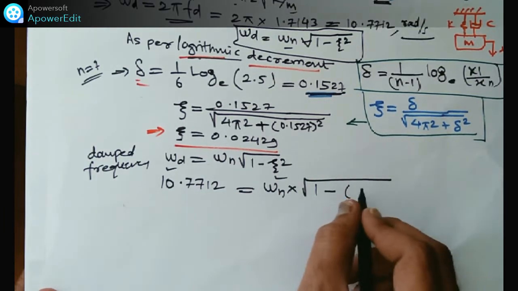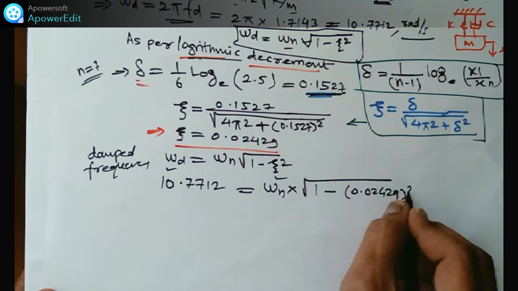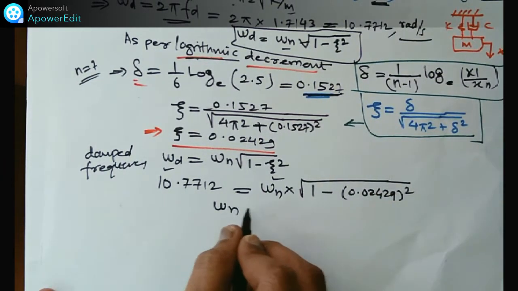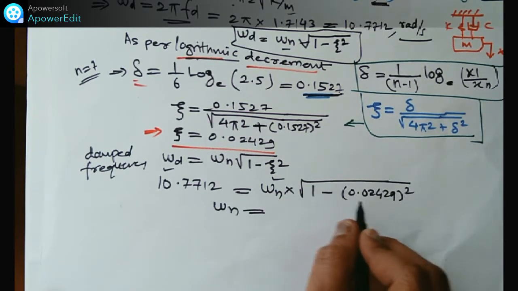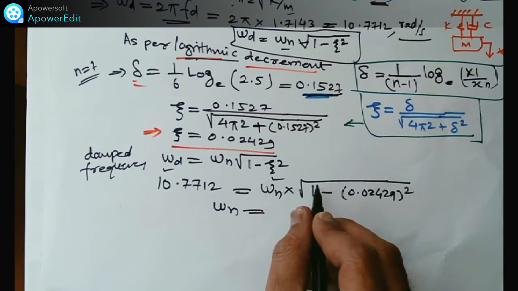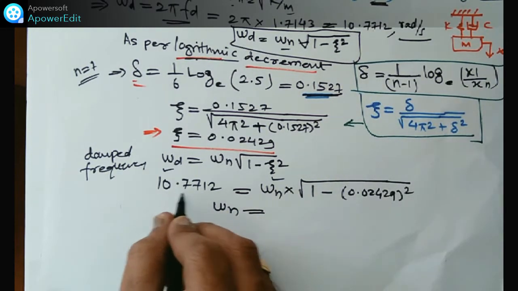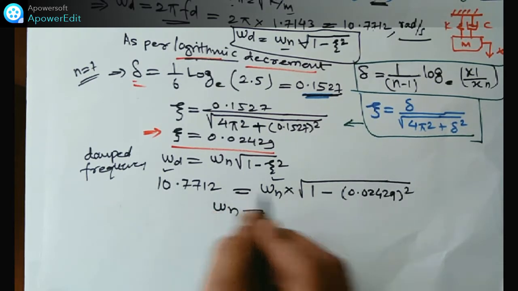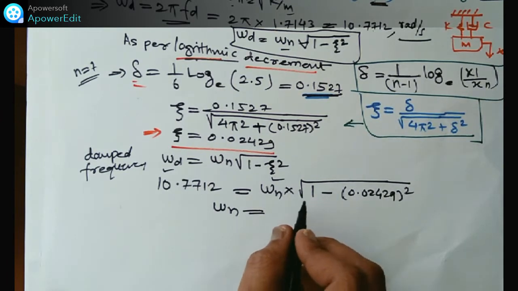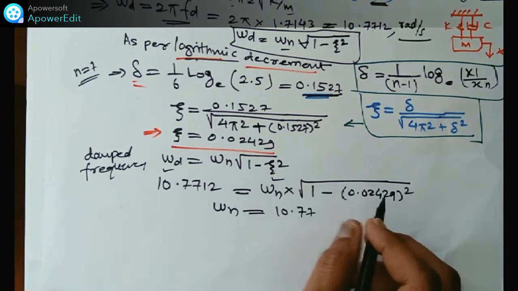So what will happen then? Solving this, we square it, subtract from 1, and reduce to get the under root. This under root comes in the denominator on this side, and 10.77 divided by this, we'll get the value of omega n: 10.774 radian per second. So this is your natural frequency.